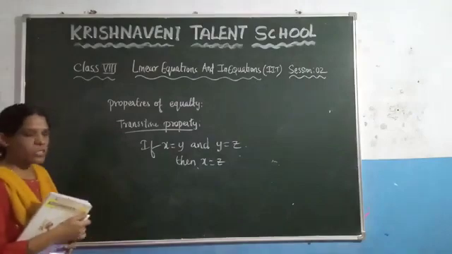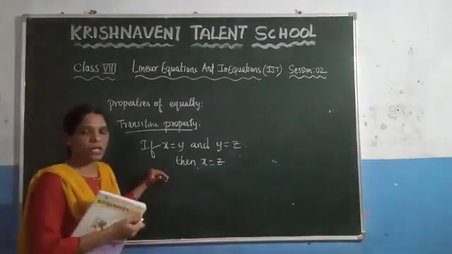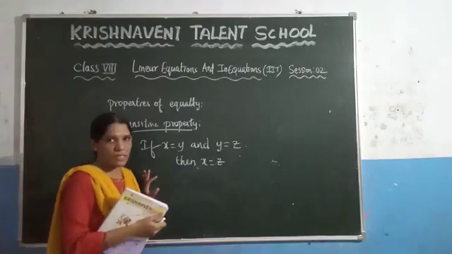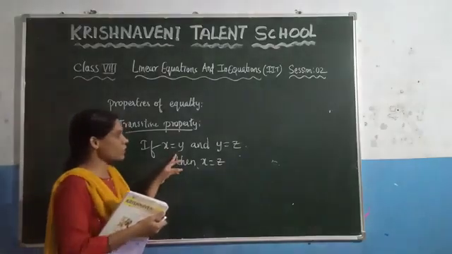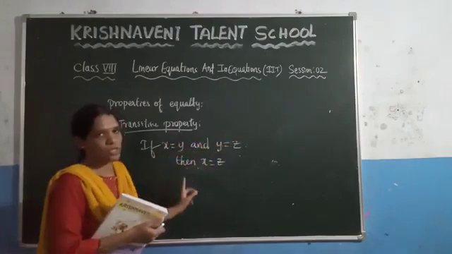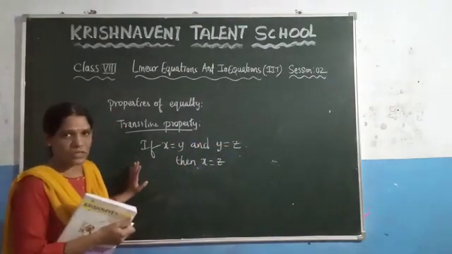If this property holds, then we call it the transitive property. It states that if you consider any three variables, if x is equal to y and y is equal to z, then you can equate x is equal to z. That property we call the transitive property.